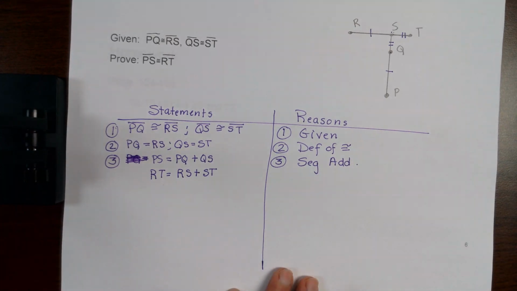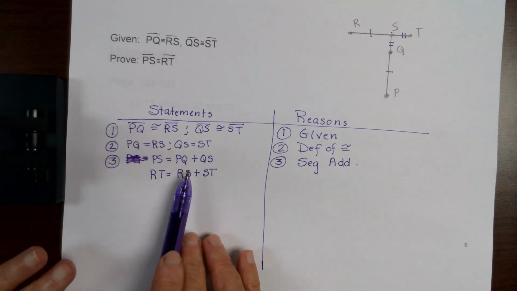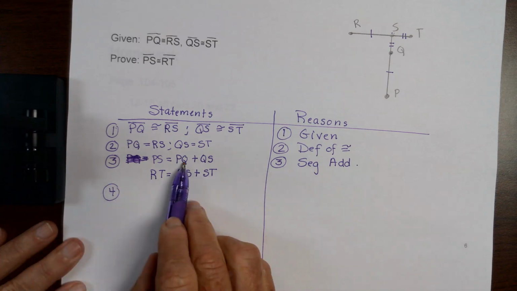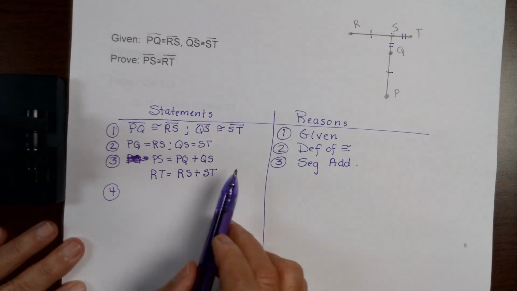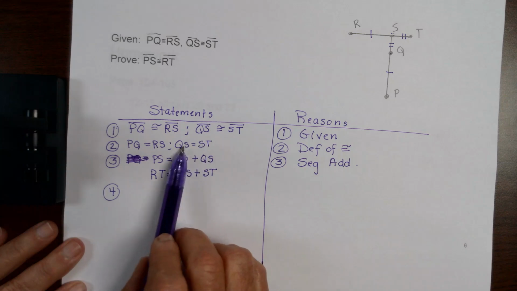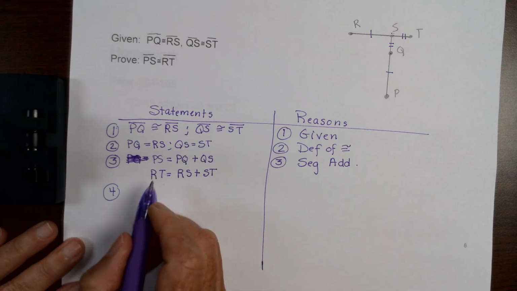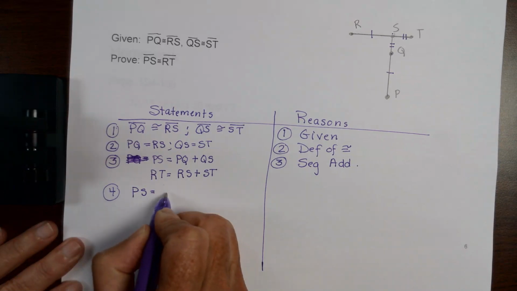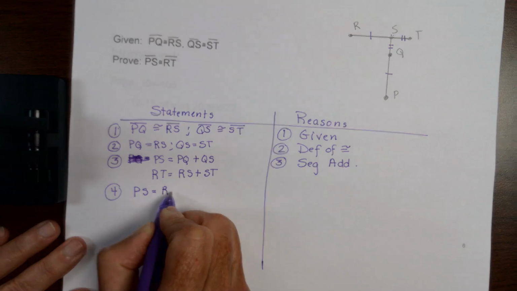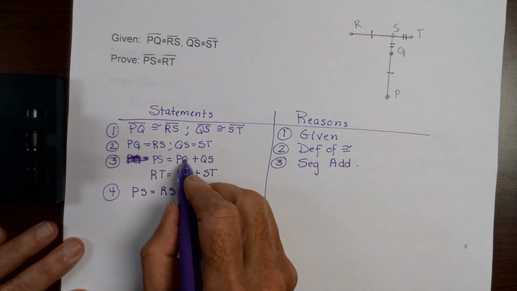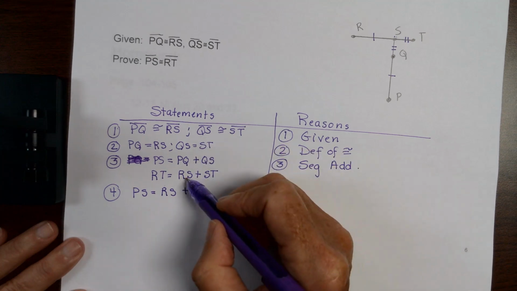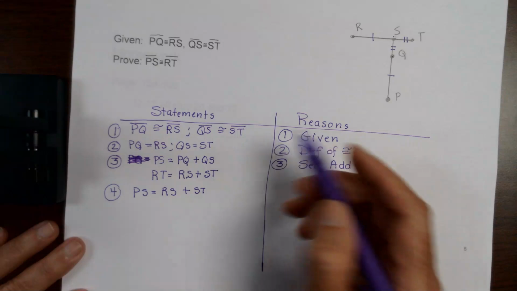Now, notice though that I can substitute here. I know that PQ is equal to RS, and I know that QS is equal to ST. So I can turn around and say PS is equal to RS, which is the same thing as PQ, plus ST. So I substituted this for this and this for this.